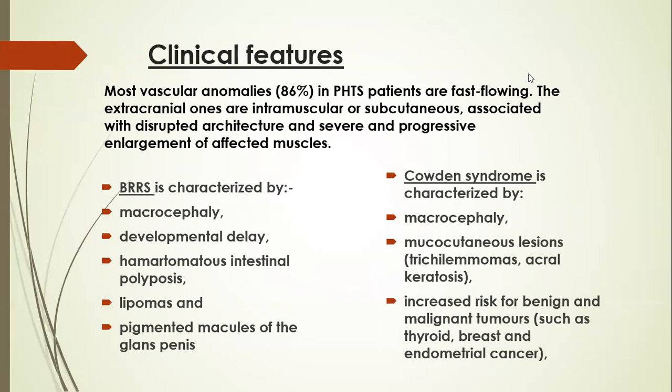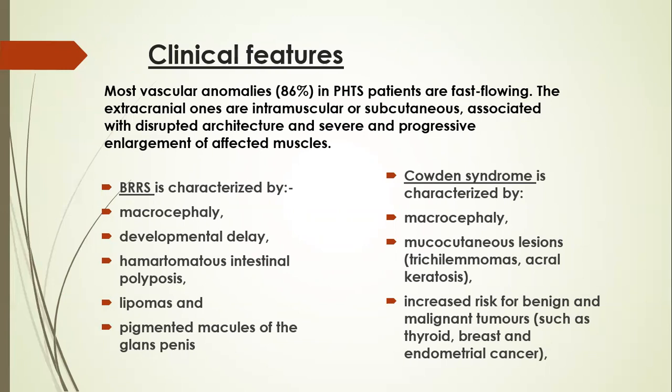So the clinical features. Most vascular anomalies, 86%, are fast-flowing. The extracranial ones are intramuscular or subcutaneous, associated with disrupted architecture and severe, progressive enlargement of the affected muscles.